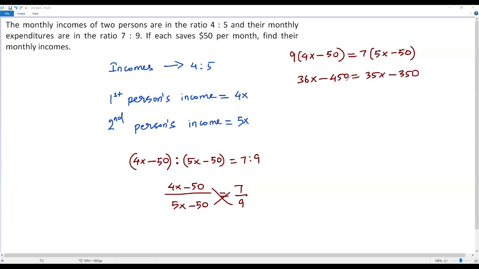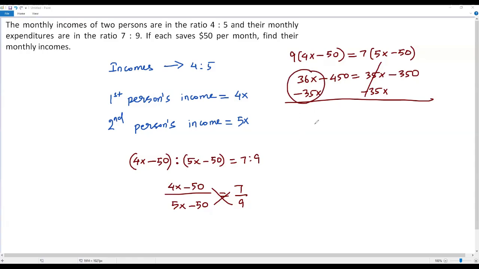Now to solve for x, we have to get rid of the variable on one of the sides of the equation, because the variable x appears on both sides. Better we can get rid of the 35x on the right side. For that, we subtract 35x from both sides. Positive 35x and negative 35x cancel out.